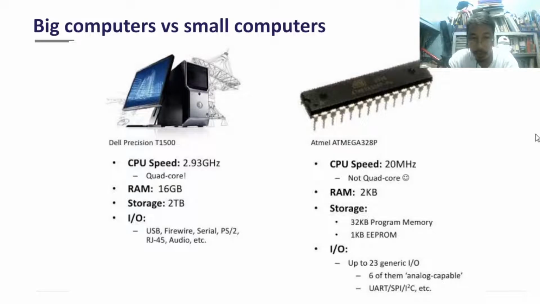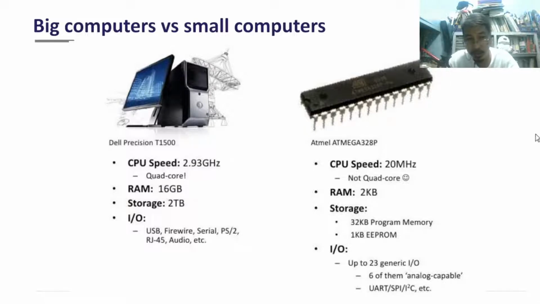And the actual IC is called ATmega328, ATmega328P. Your example on the left is the Dell Precision Desktop T1500. That is actually the motherboard. With that motherboard, we have RAM of about 16 gigabytes.